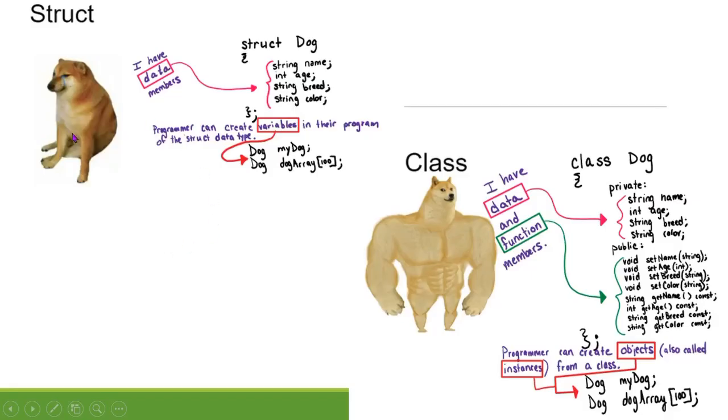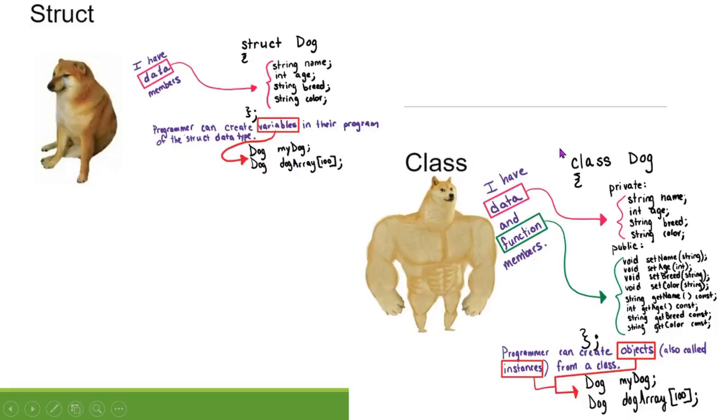Here are these pictures again, so you can see the difference between a structure and a class. So a class is a beefed up structure. A structure has data members, where a class has data members, but also function members. Whenever you create a structure, you create a structure variable, such as dog myDog, or dog dogArray[100], a 100-element dog array.